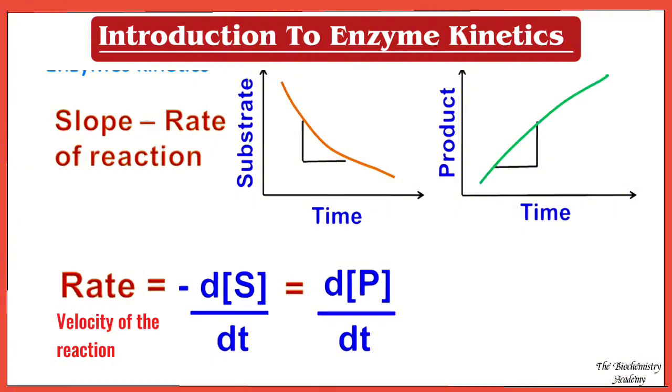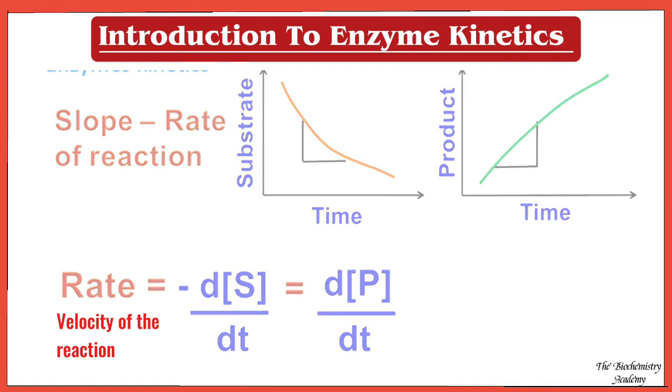If you remember from secondary school or high school, whenever we see distance over time, we are talking about velocity. Bringing it to biochemistry, when there is a change in either the substrate concentration or the product concentration over time, it is also talking about the velocity of the reaction.